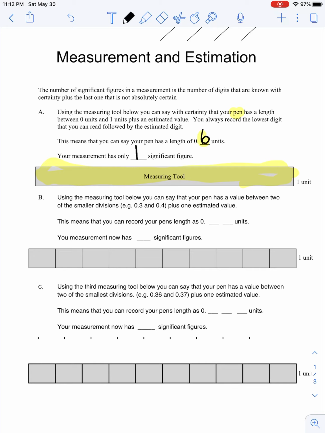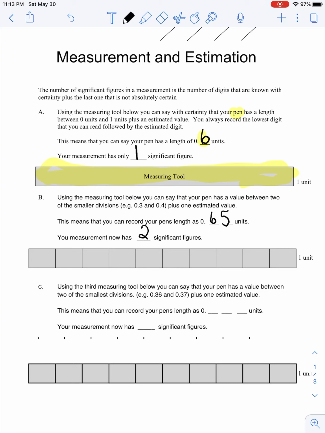So now I'm certain it hits the 0.6, but my last digit I'm going to say is about halfway, 0.65. So now I'm certain about the 0 and the 0.6, but the 5 I'm not certain about.